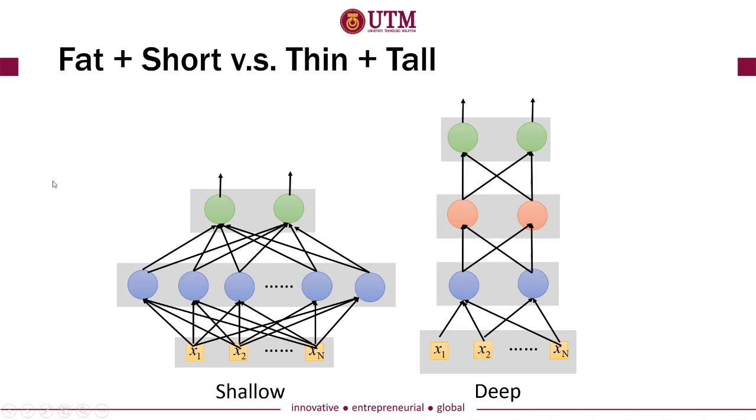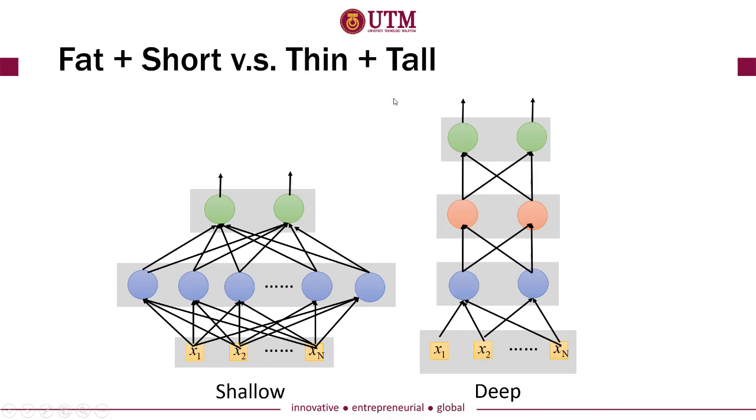The difference is that this one is a multi-layer perceptron with one hidden layer, or a two-layer neural network, but this one is a three-layer neural network, or two hidden layers. It means that there is more than one hidden layer.